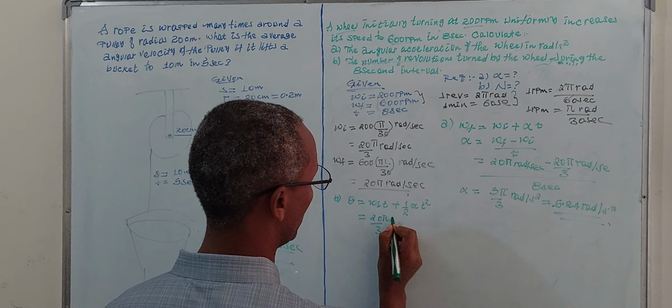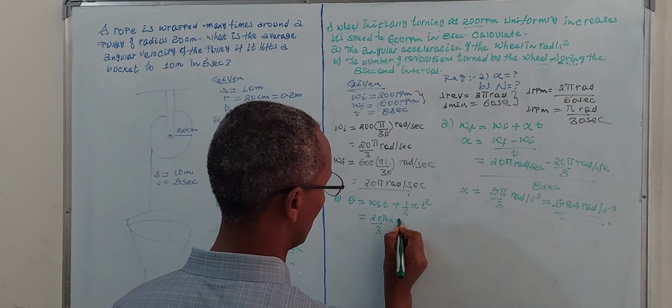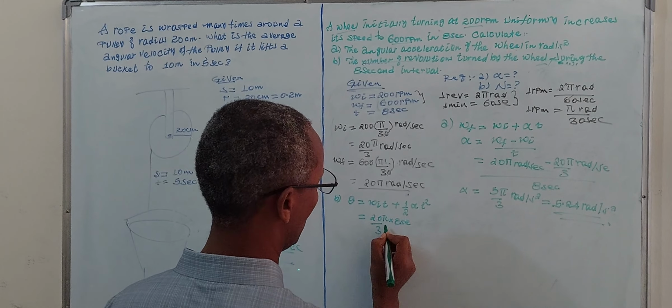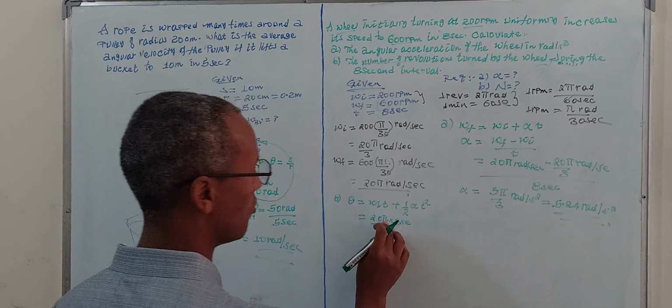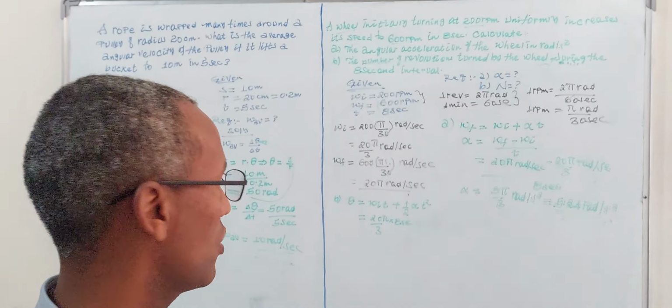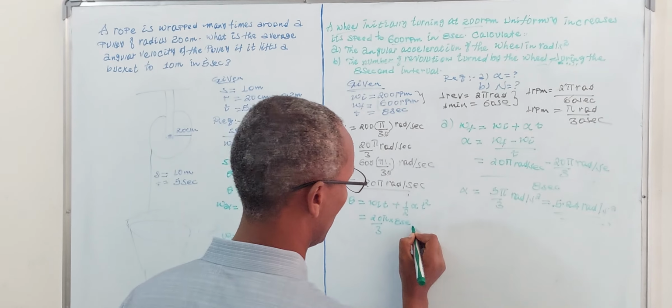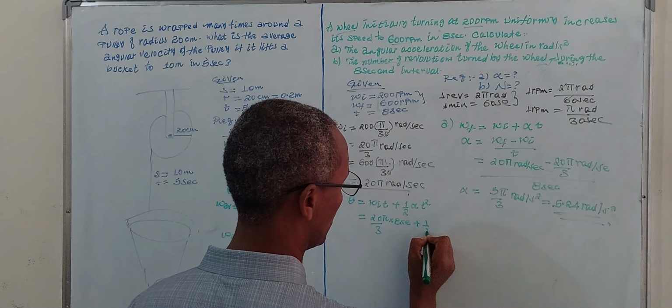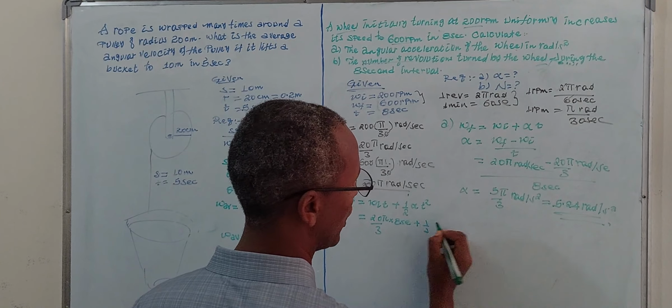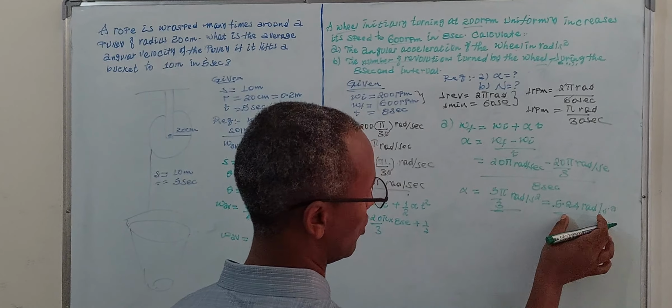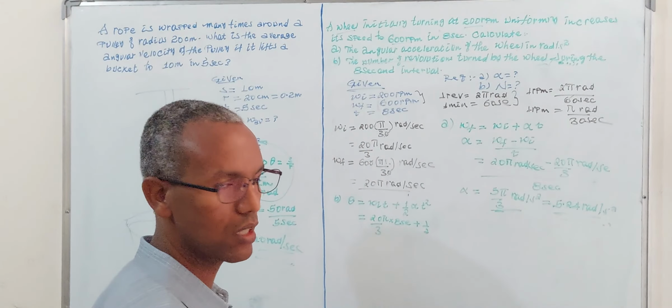3 multiplied by the time taken, which is 8 seconds, right? We have rad per second over here, don't forget that. Plus 1 upon 2, angular acceleration. You can replace this with the earlier answer, and you get the same result.